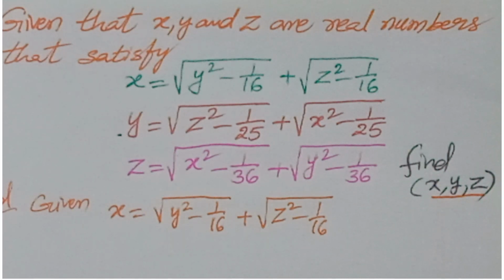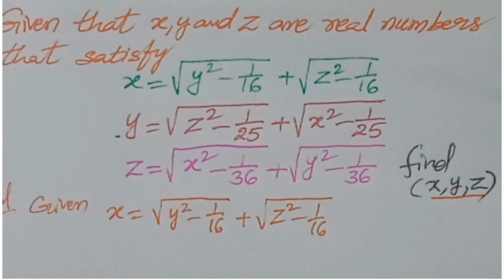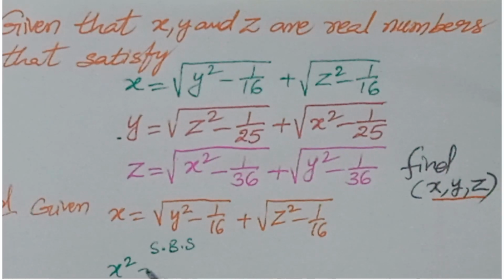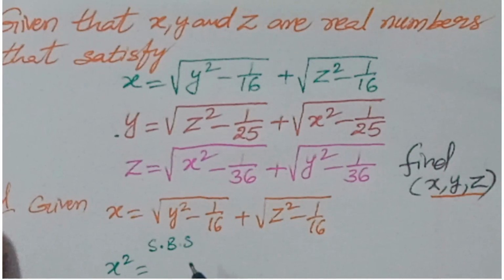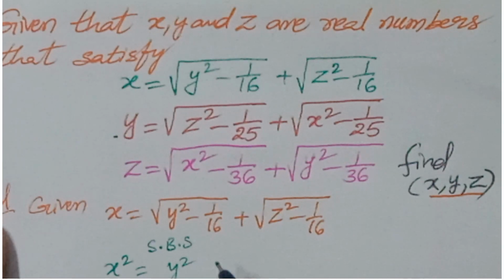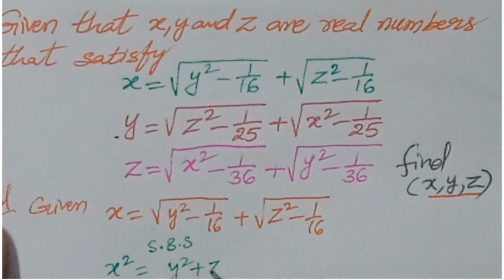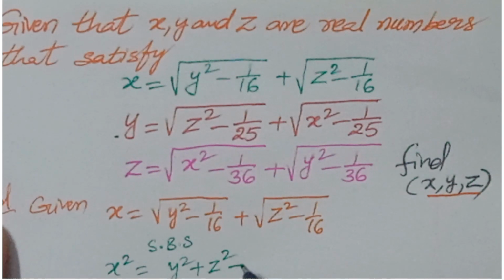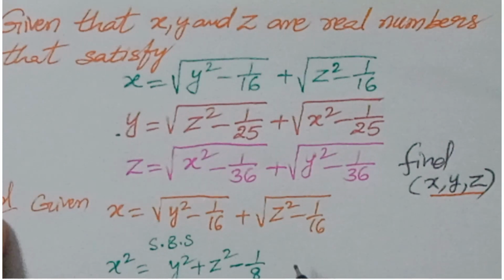For solving this, first I will do squaring on both sides. So x square is equal to y square plus z square minus 1 by 8, since here we get 2 by 16.